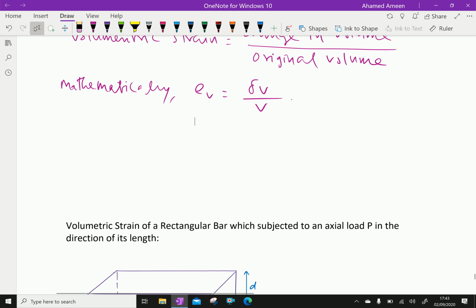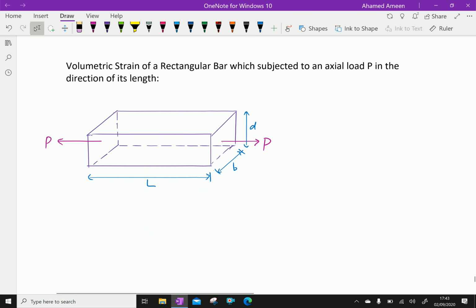Now let us discuss the volumetric strain of a rectangular bar which is subjected to an axial load P in the direction of its length. Look at this figure.